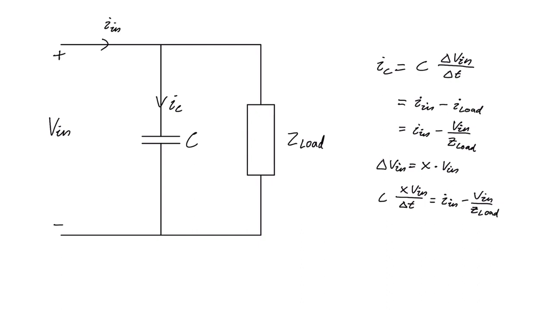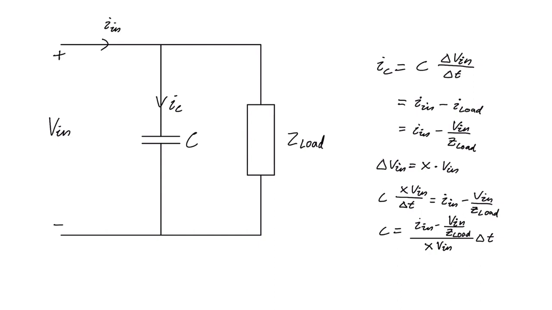This would mean that the capacitance is equal to I in minus V in over Z load, and this over X times V in multiplied by delta time, right?